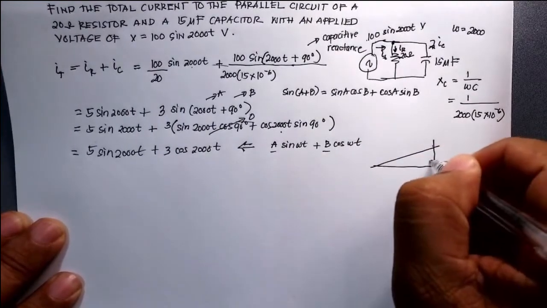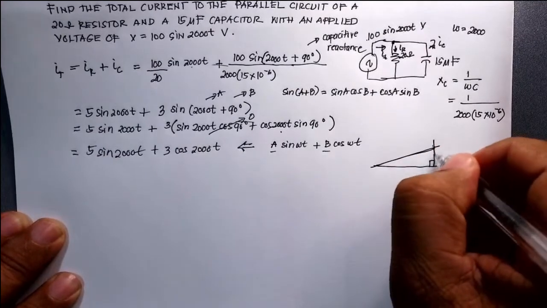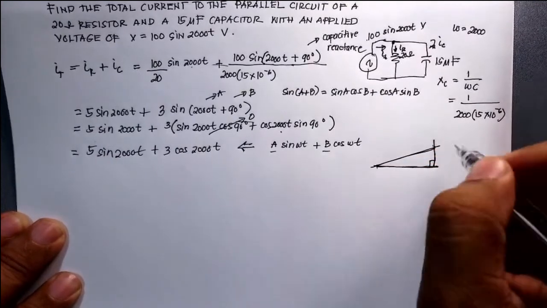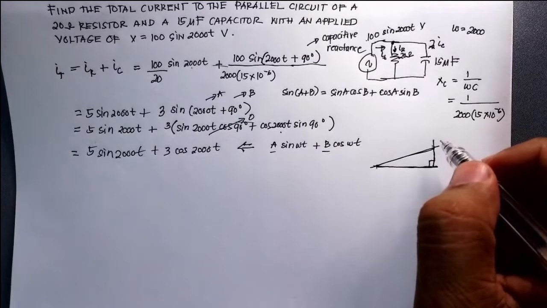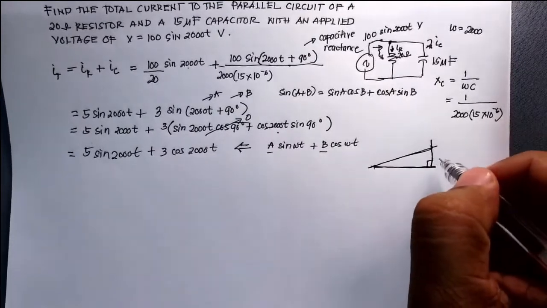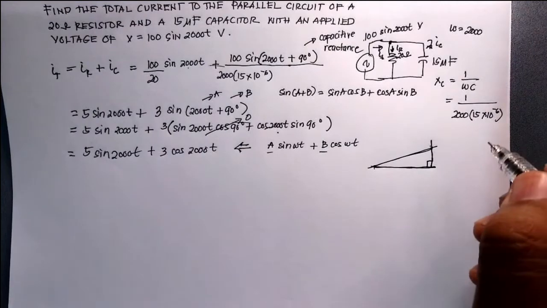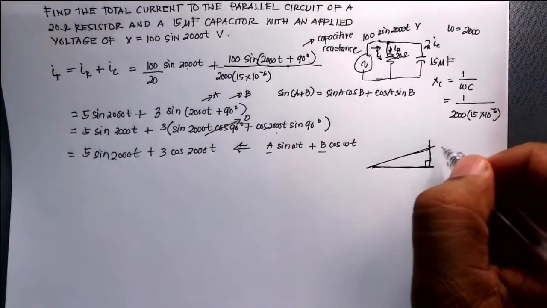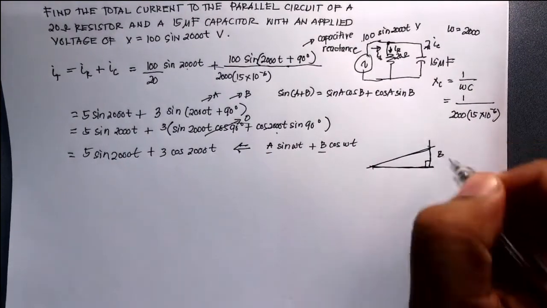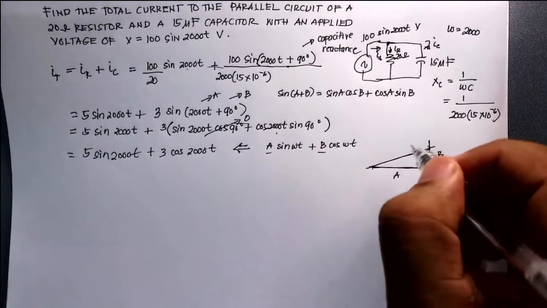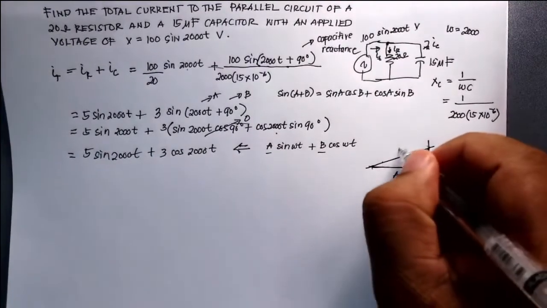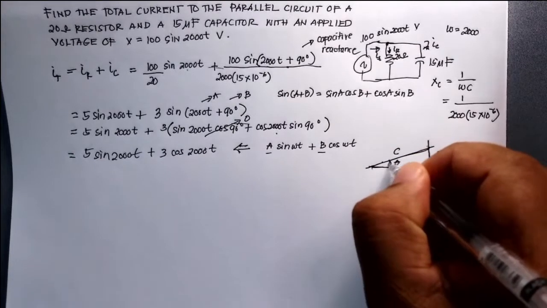in a right triangle. So our A and B will now be in a right triangle. This will be our B and this is our A, and this is the hypotenuse C. This is theta.